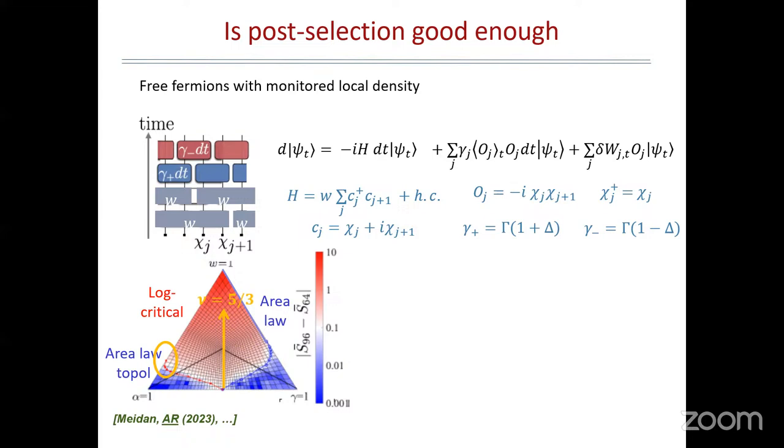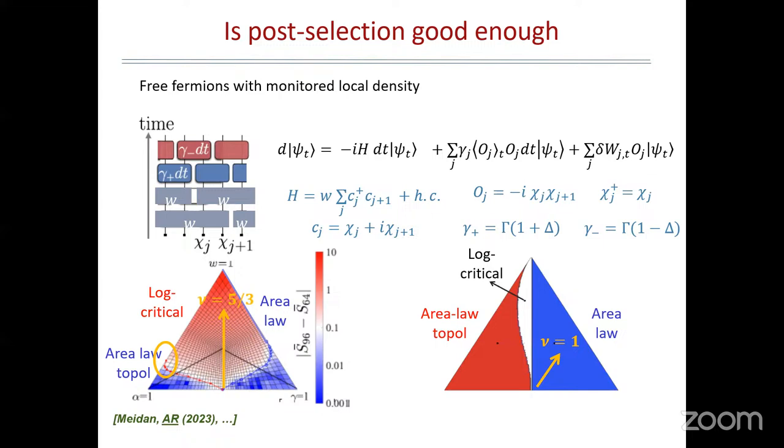You also have a phase transition, where the orange circle is, between the area law and the topological one. You have no phase transition on the other side, where there's a narrow blue line going to the top. And if you try to make a finite-size scaling of the area-to-area-law transition, you get a strange critical exponent.